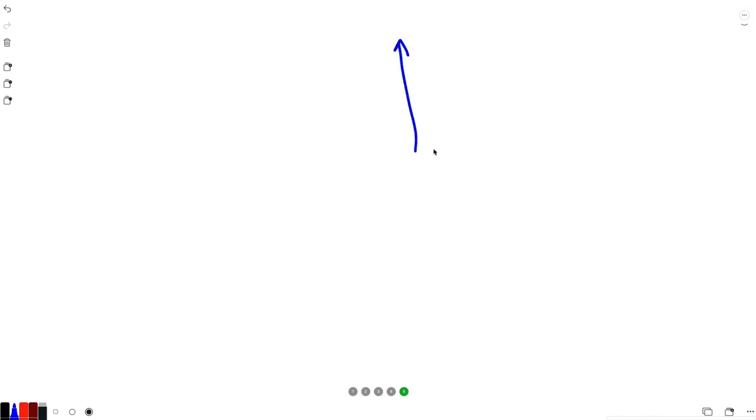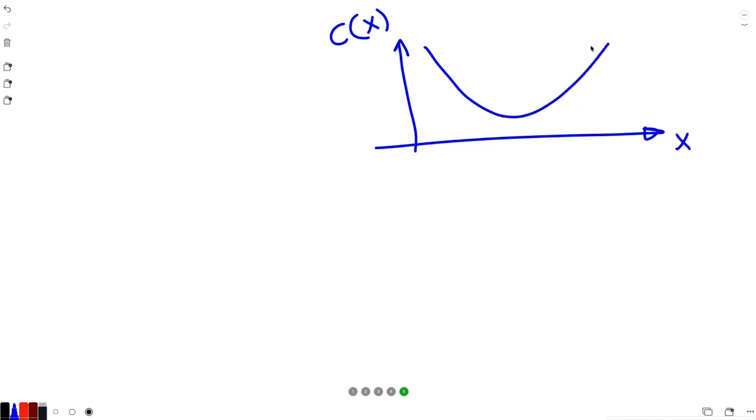So for example, if we have x, and here we have c of x, and we have such kind of problem, and we are only interested from 0 to xm, or to x k, for example. We are looking at this range, and in this range it is clear that we have only a single minimum point, and this is called a convex problem.